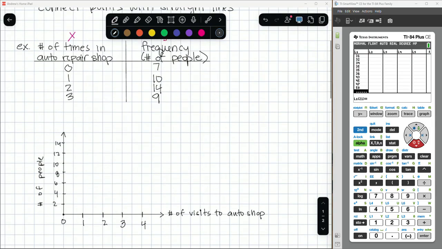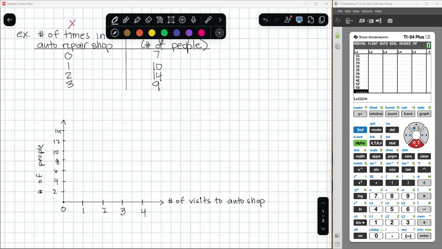And now we're going to use this table. We're going to make dots. My first dot, I'm going to do this in a different color so it's nice and clear. For 0 on the x-axis, I have 7, which is going to be halfway between 6 and 8. So my first dot should go right here.